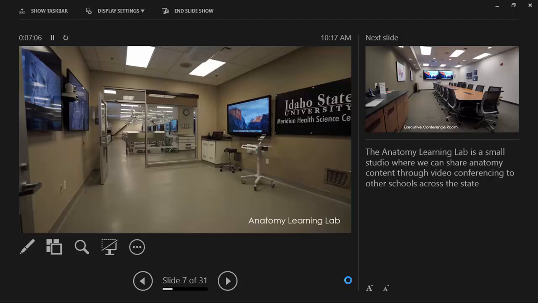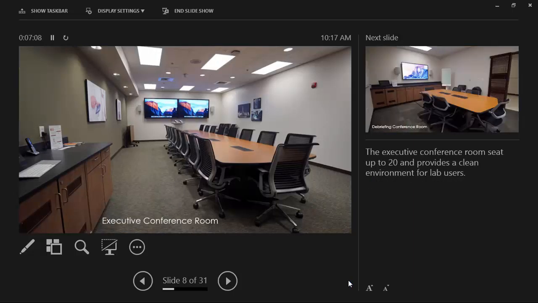Then we do have a couple of other conference spaces. We have our executive conference room, primarily used in conjunction with the BioSkills Lab. So it's a space where professionals could come in, and a lot of the scheduling for those folks would be evenings, weekends. So this gives them a clean space where they can come hang out. There's a little kitchenette in there, so they can have food catered in there as well.